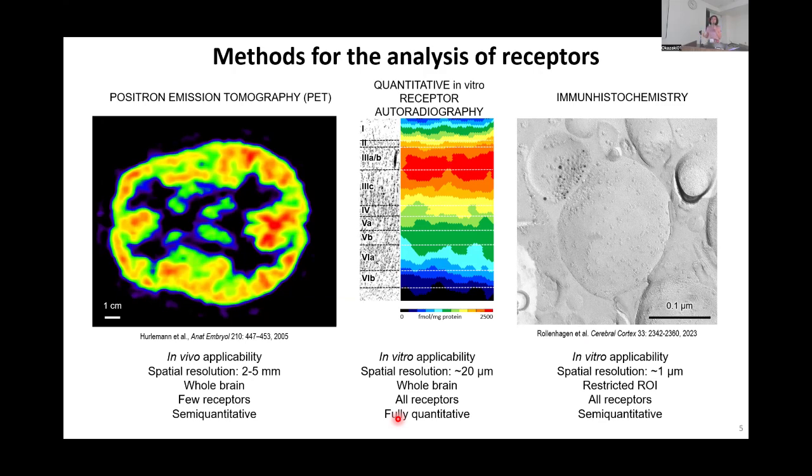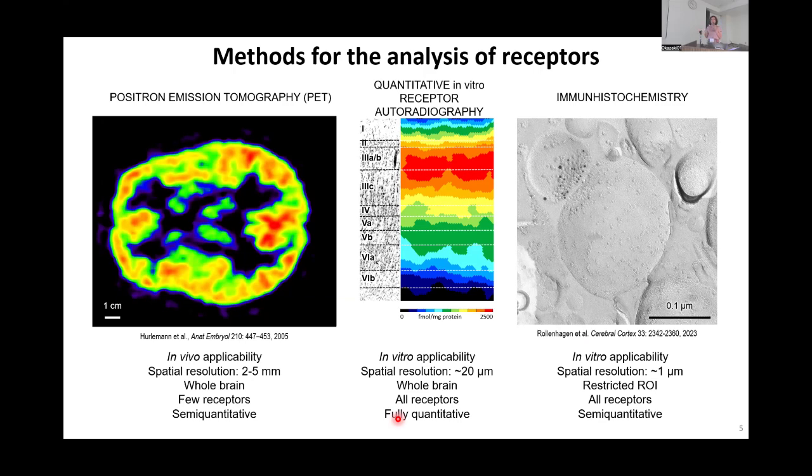We use it because it has the advantage of being able to visualize receptors at the microcircuit level. We are visualizing receptors in their native configuration, so exactly the configuration that they were in at the time of death. And these are the receptors that at the time point of death were able to modulate the activity of the neuron that was expressing them.